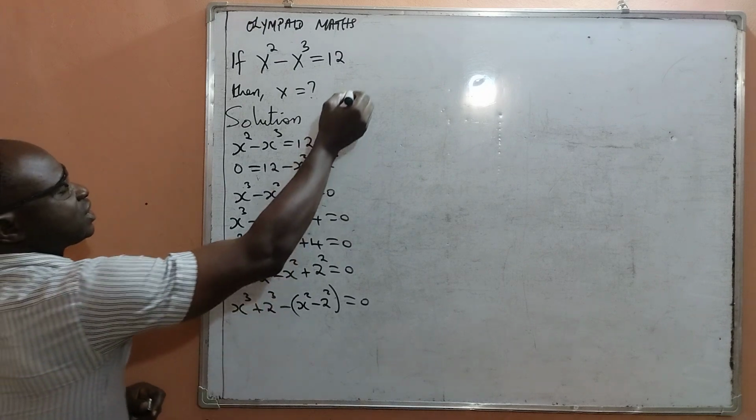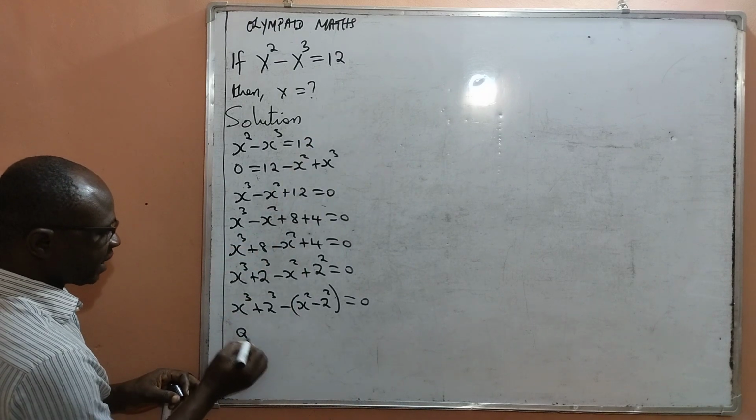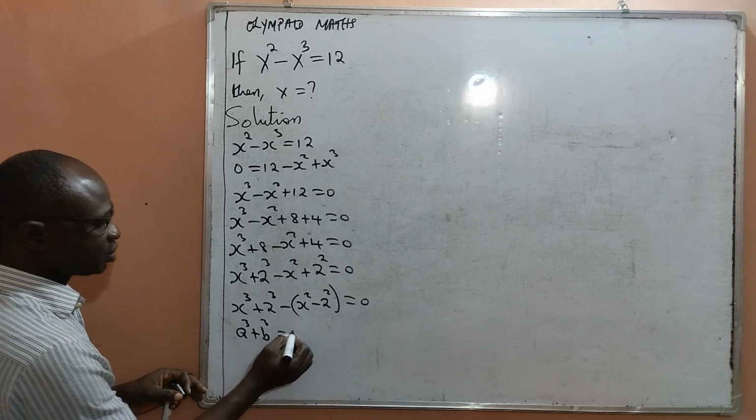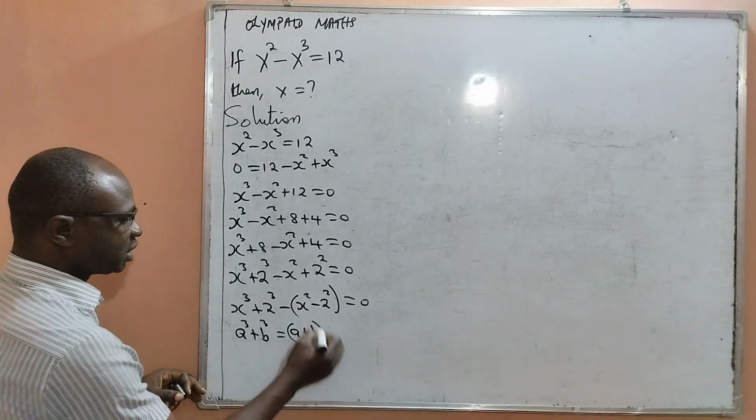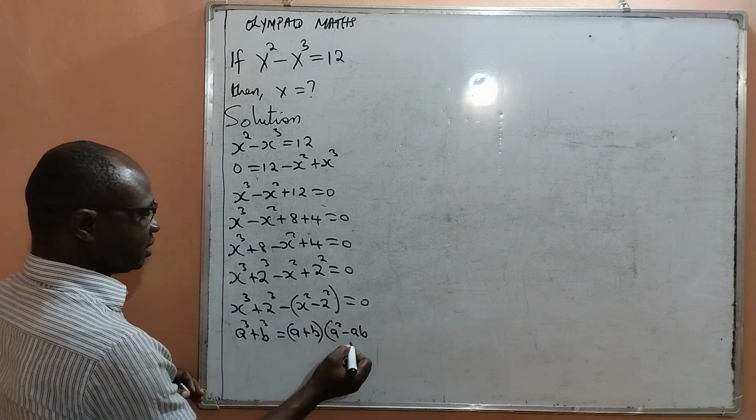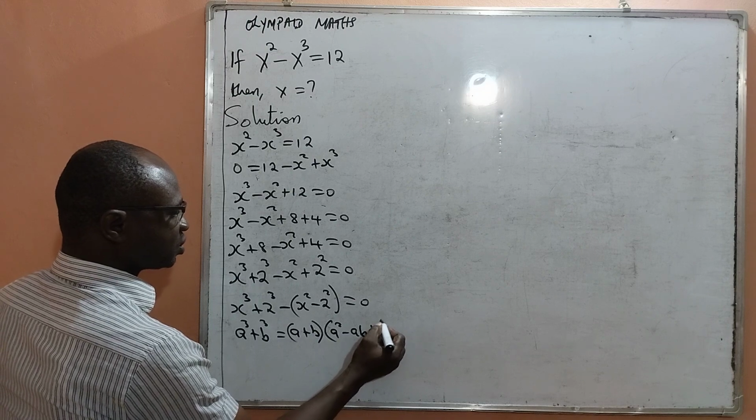Now, take a look at this. a cubed plus b cubed is equal to a plus b into a squared minus ab plus b squared.